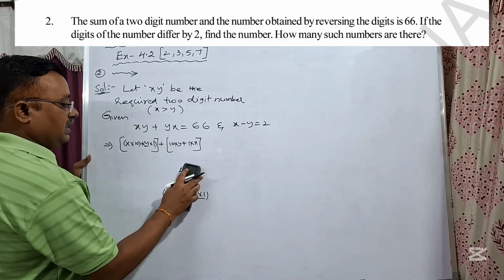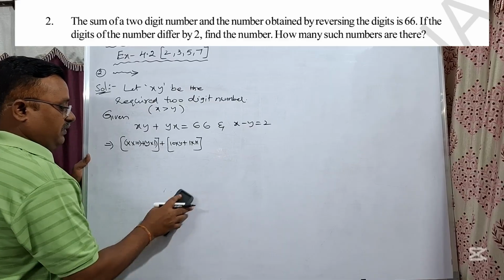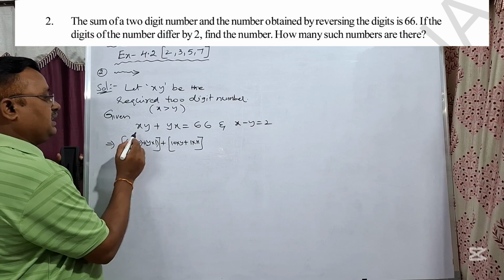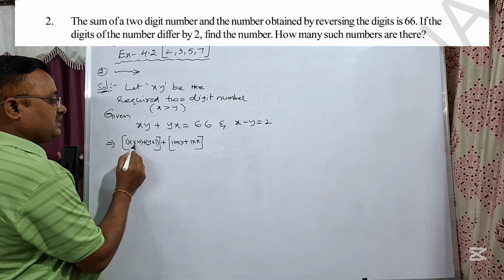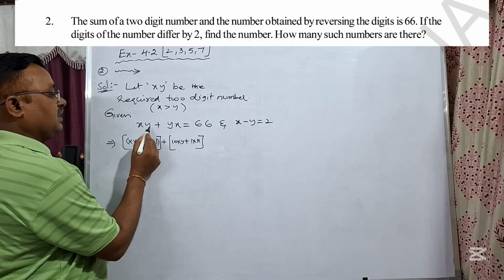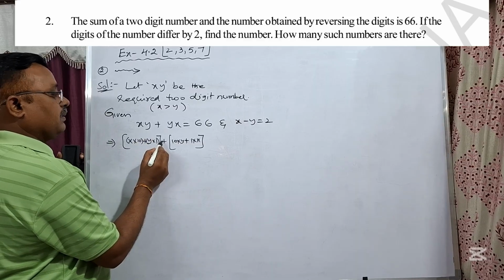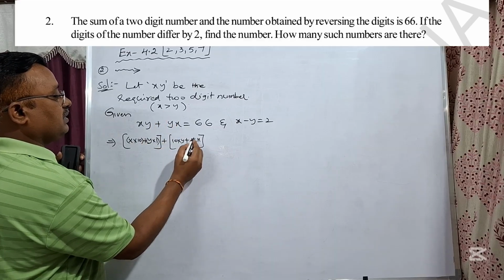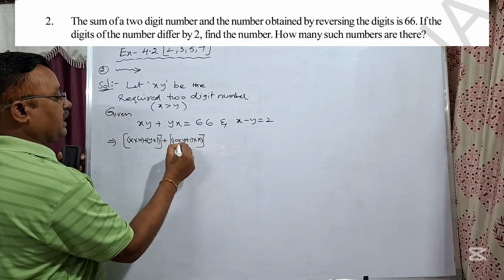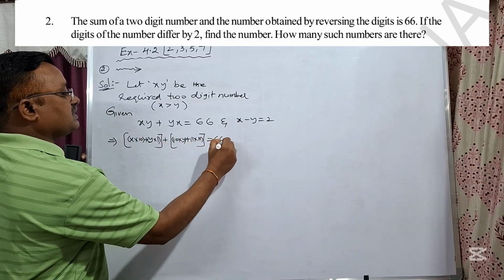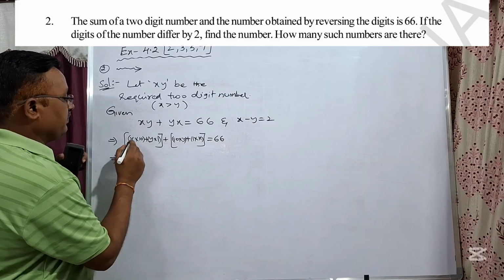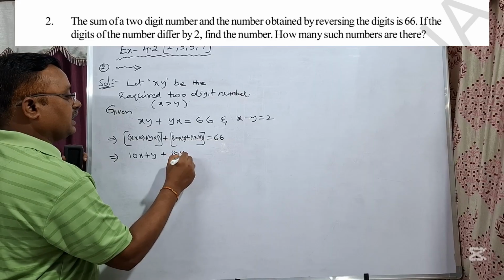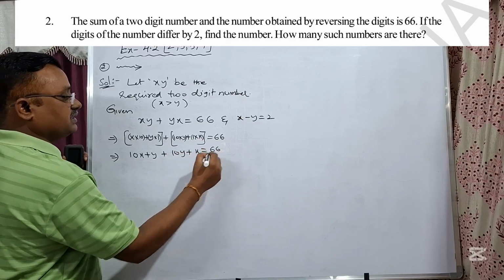In the same way, in general, if xy is a two-digit number, its original value is obtained by 10 into x plus 1 into y, plus yx, reversing the digits, which means 10 into y plus 1 into x. You can keep the brackets, equal to 66. What does it give us? 10x plus y plus 10y plus x equals 66.